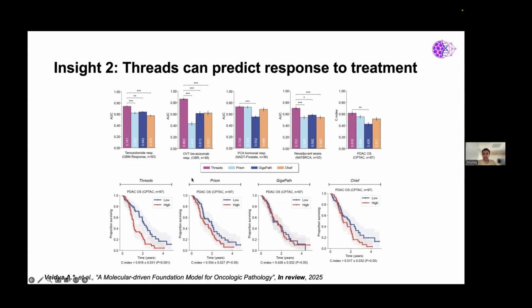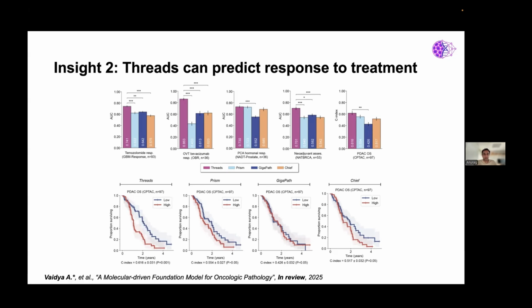So over here, we are able to predict response to temozolomide treatment, which is a very common treatment for glioblastoma. We're able to predict response to bevacizumab, which is an ovarian cancer treatment. We have hormonal therapy for prostate cancer. We're able to assess neoadjuvant treatment in breast cancer and also predict survival in pancreatic ductal adenocarcinoma.